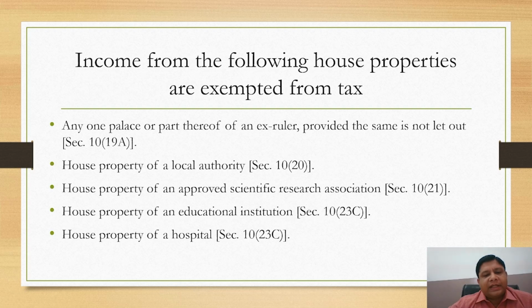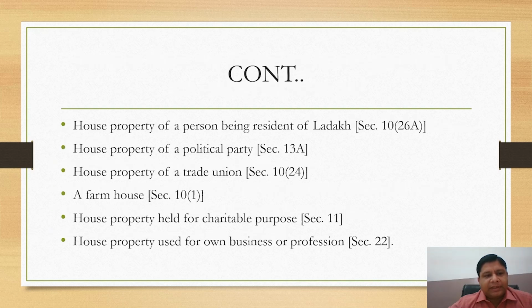House property of an educational institute, exempted. House property of a hospital, exempted. House property of a person being resident of Ladakh, exempted. House property of a political party, exempted. House property of a trade union, exempted. A farmhouse, exempted. House property held for charitable purpose, exempted. House property used for own business or profession, exempted.